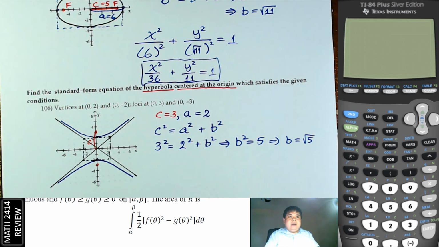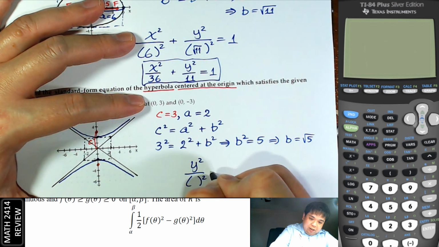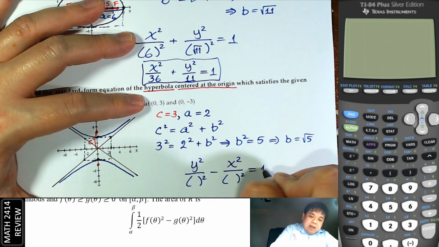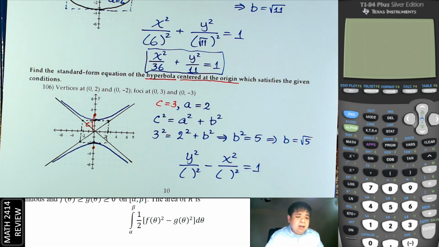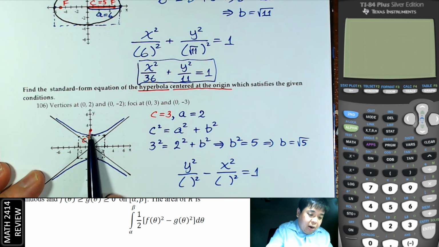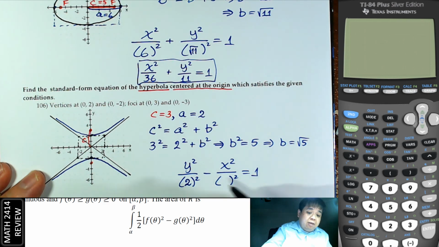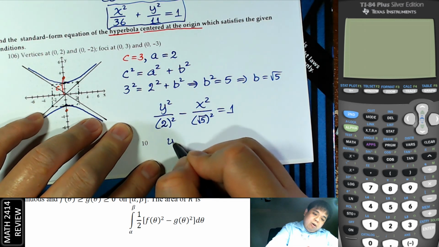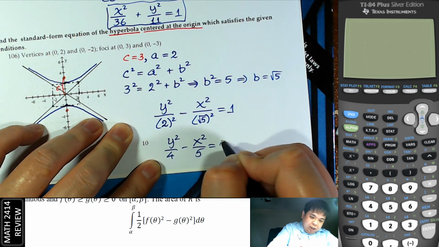So that's what we have. Right, so this is vertical, by the way. So we start with y square over something square minus x square over something square. If it is vertical, we use this form; if it is horizontal, we start with x square. And then on the box, go up and down 2 units. So up and down will be below the y. Left and right will be below the x. So we have y squared over 4 minus x squared over 5 equal to 1.